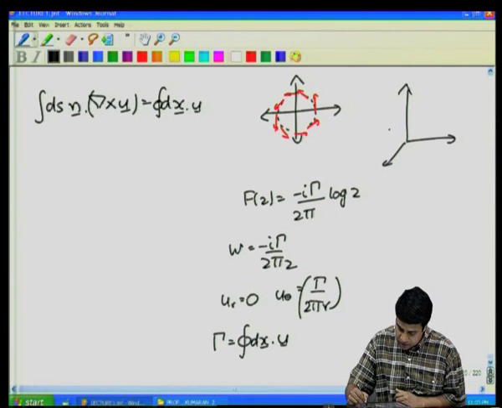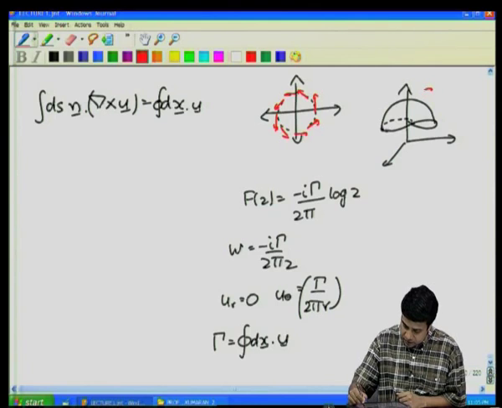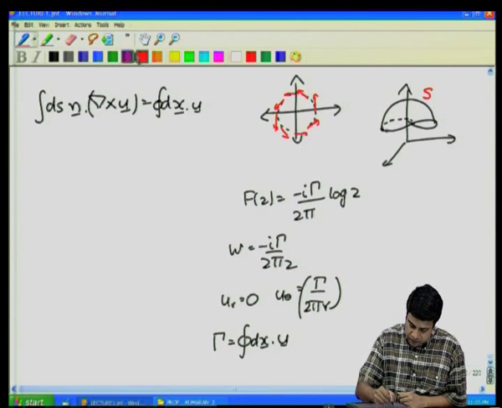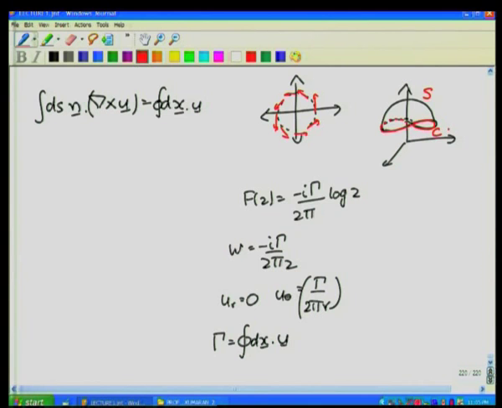If I have some surface, so this is the surface S, and this is the perimeter of the surface, C. Okay.